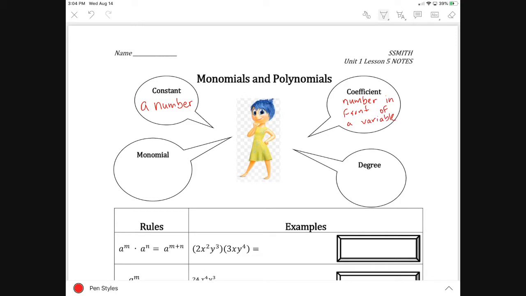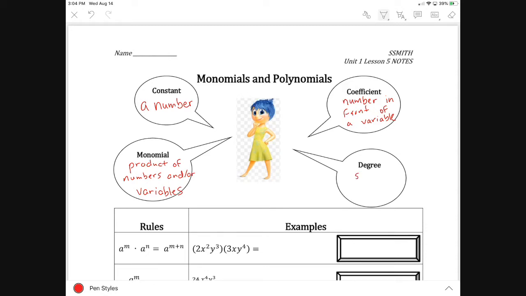The next one we're going to talk about is what a monomial is. Mono usually means one, so it's going to be the product of numbers and/or variables put together. A degree is our next vocab word, and degree is the sum of exponents per monomial.